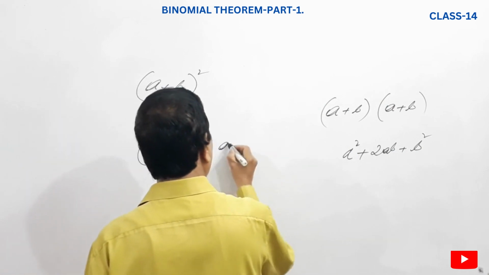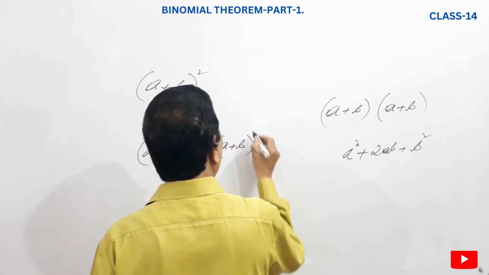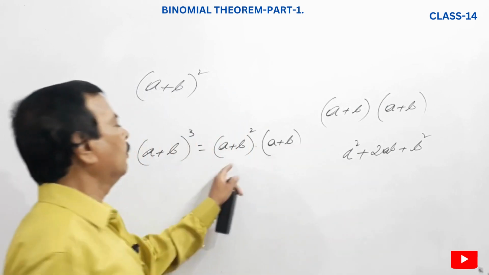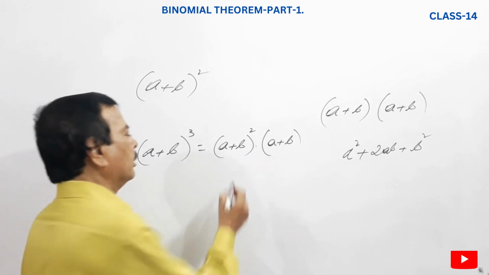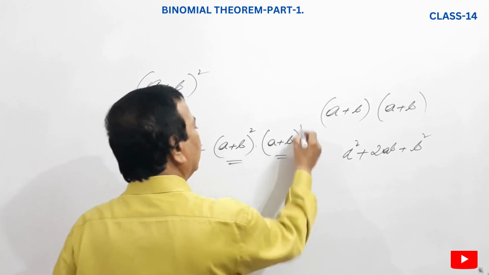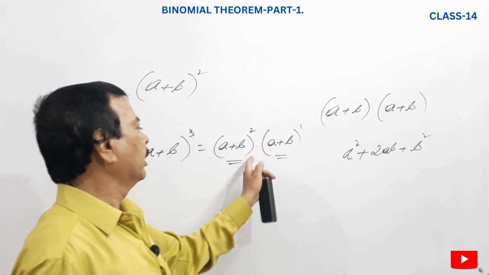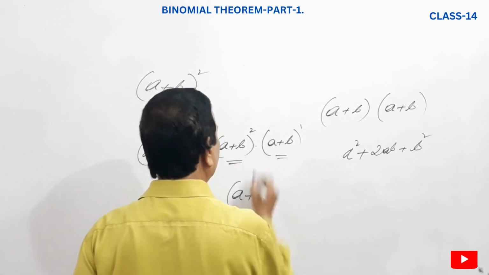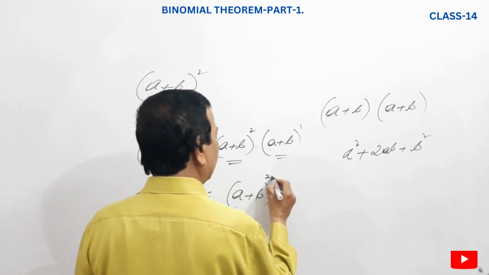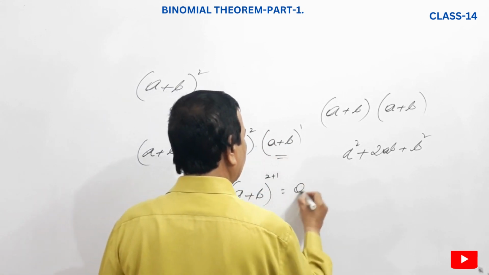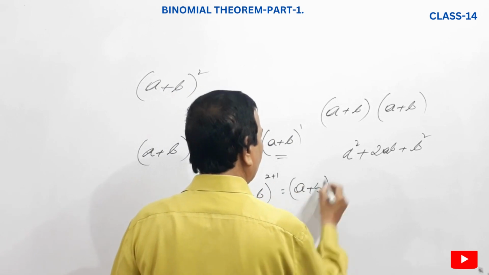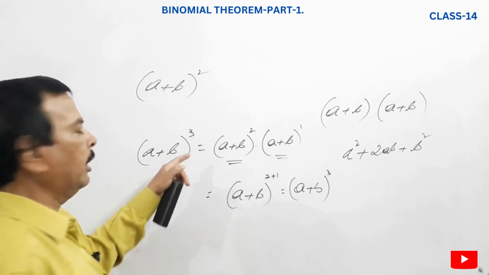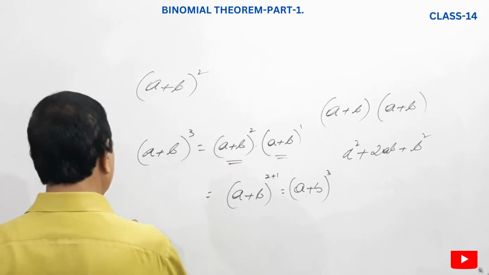Take a plus b the whole square into a plus b. If you multiply this, the bases are same, so add the indices. So 2 plus 1 becomes a plus b whole cube, right?